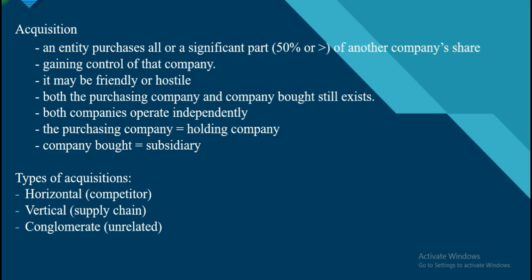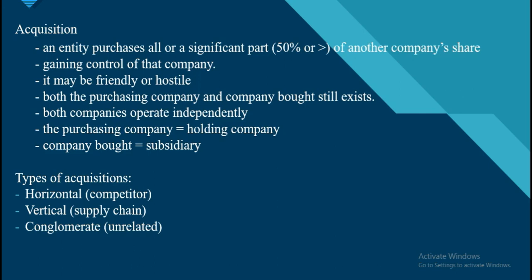With the acquisition, the company that is doing the purchasing, referred to as the holding company, remains a separate legal entity, and also the subsidiary, which is the company that is bought, would also maintain its legal identity. So nothing changes there in that respect. It is just that the ownership, who owns the business, is what changes.